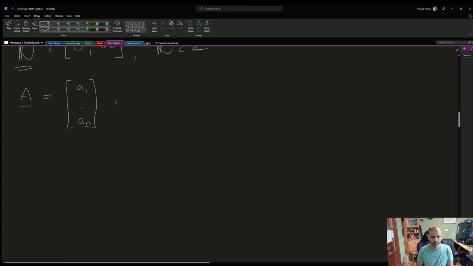If I talk about a with 2 lines underneath it, then I'm talking about a matrix, right? a11 to a1n to amn, am1. So just again, a little notational piece: where I have a single underline, I'm talking about a vector, and a double underline is a matrix.